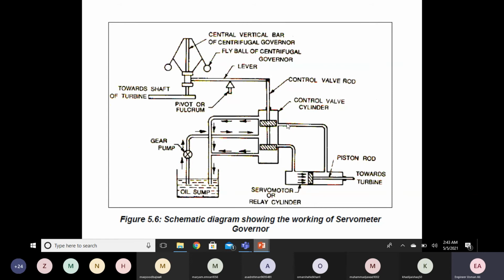When this pipe is closed, the other pipe will open up, and if the other pipe is closed, this pipe will open up. And again, above this piston there is oil filled, and below this also oil filled. When this piston moves up, the oil will go to this pipe and back to the oil sump. And when this piston moves down, under pressure this oil will go back to the oil sump.